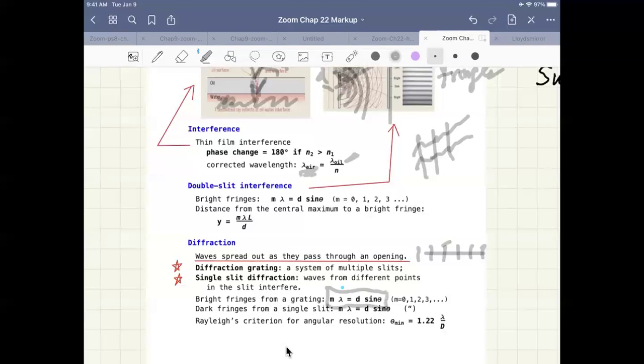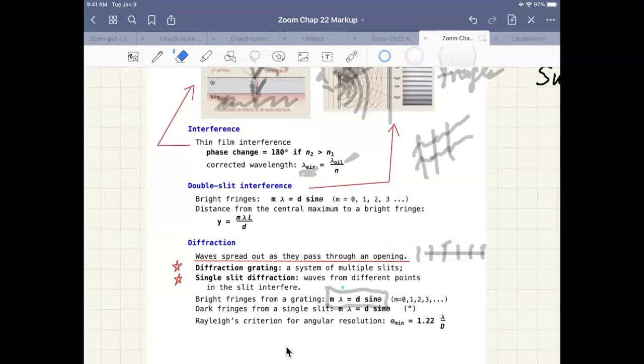So for example, bright fringes from a grating are given by this relationship where m is an integer, lambda is the wavelength of light that you're considering, d, I guess, is the distance between the slits of light in the grating, the distance between one opening and the next. And sine theta, well, theta is the angle that the waves are coming off the surface. That's for two-slit interference or multiple slit interference.